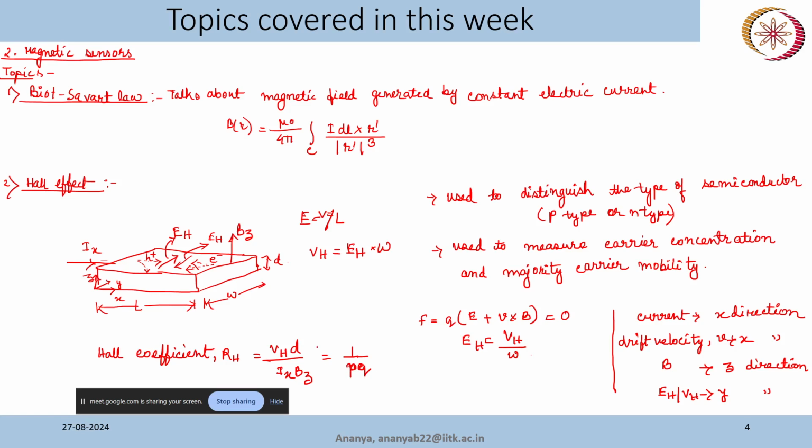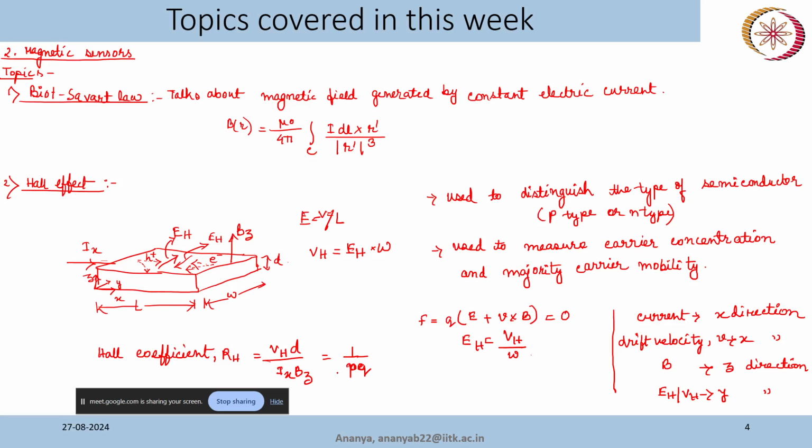Now based on the sign of VH, we already know whether it is a p-type semiconductor or an n-type semiconductor. We know the value of Q. So all the terms here are known, and we can calculate the carrier concentration from this expression from Hall coefficient.